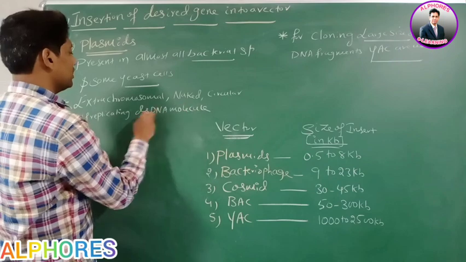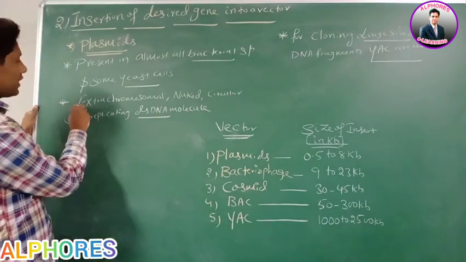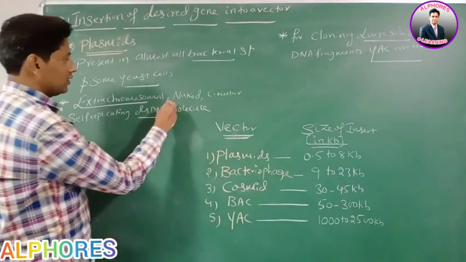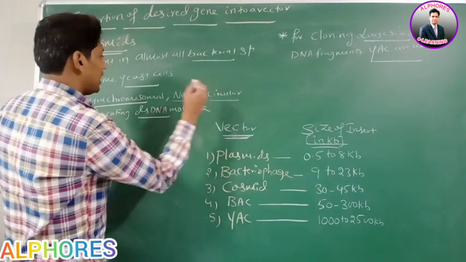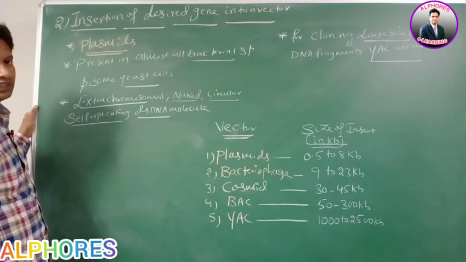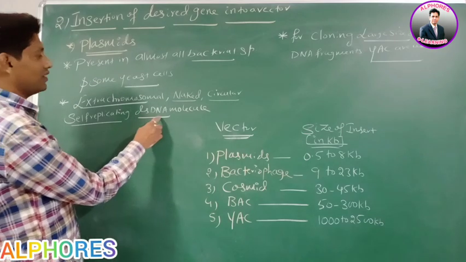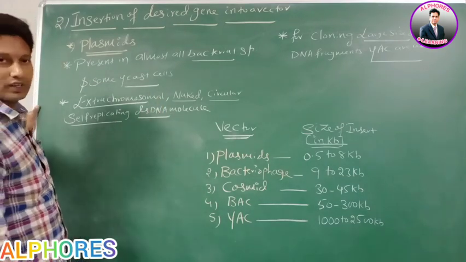Each and every word in this definition is important. They are extra chromosomal, naked, circular, self-replicating. They can replicate on their own. Double-stranded DNA molecules. Is it okay?